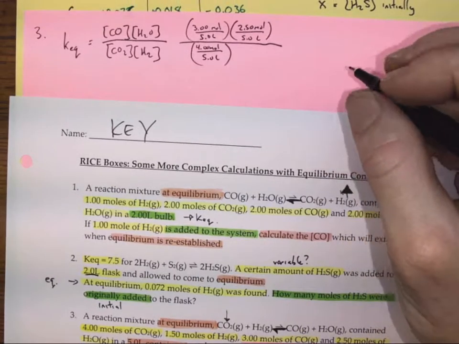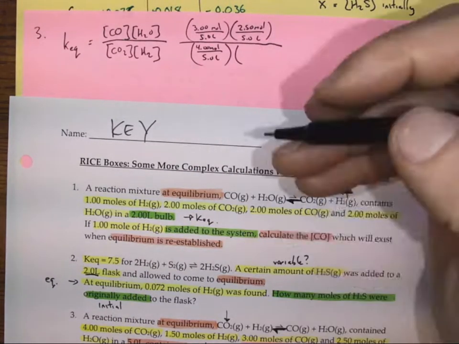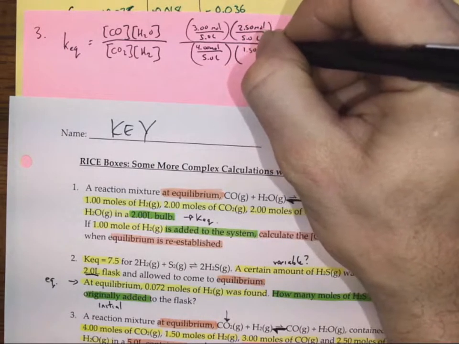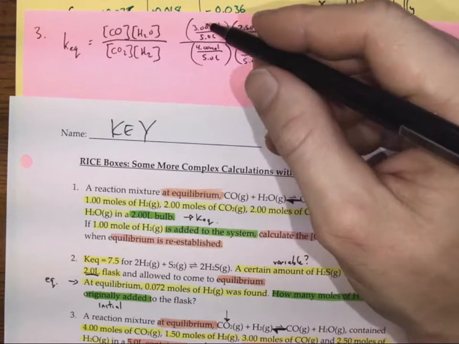And then I have some hydrogen. How much hydrogen do I have? I have 1.5 moles for every 5.0 liters. All right, these work out to pretty nice numbers.